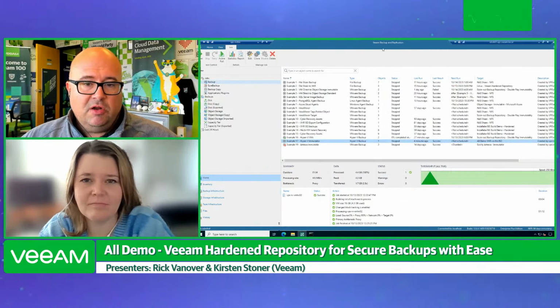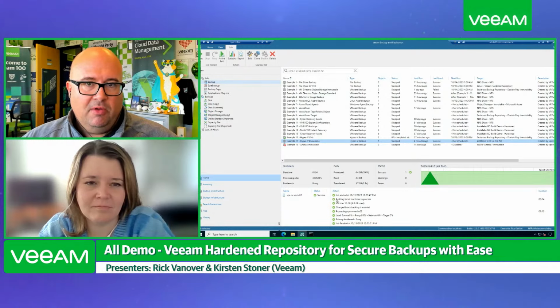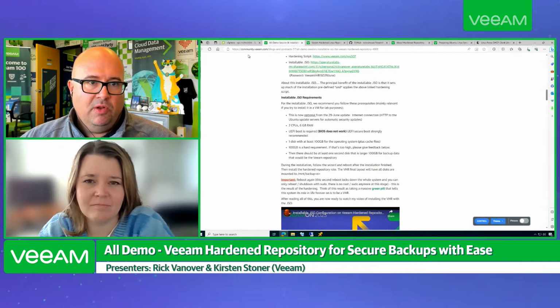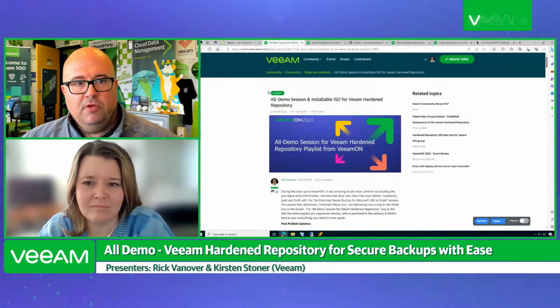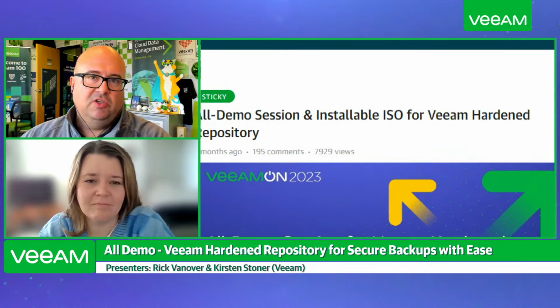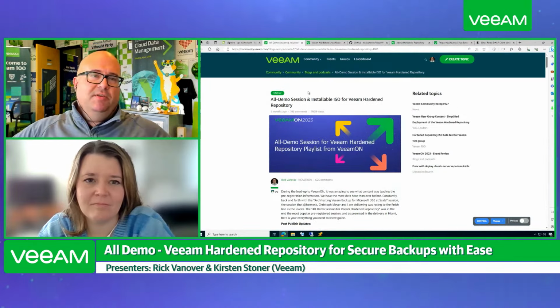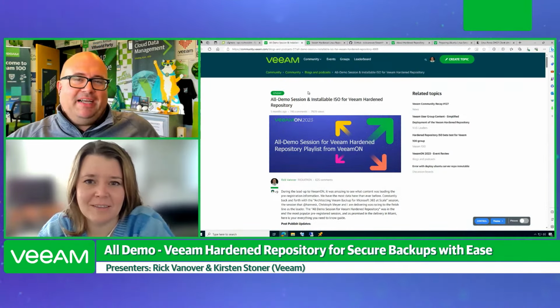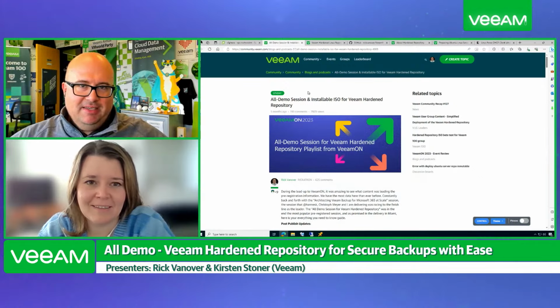So Kirsten, as we round out this demo, I think this is pretty cool when you think about it. In B&R, we've got it. Again, everyone, this all starts at the Community Hub. Look for this session, the all demo installable ISO for the VHR. I don't know, man. Did I pass or did I fail my test that you gave me here?